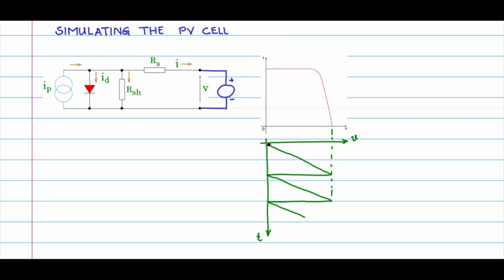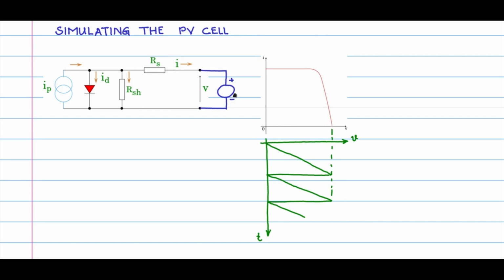What can be noted is that this wave shape for the voltage of this voltage source need not be sawtooth. It could be triangle or it could also be sinusoidal, as long as it is a varying function of time, so that this x-axis sweep is provided.